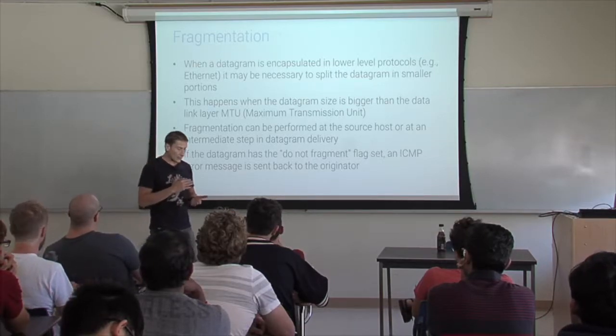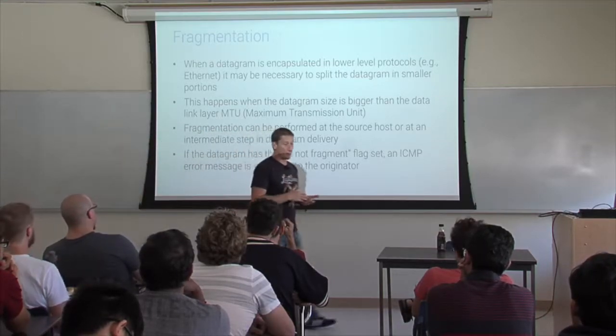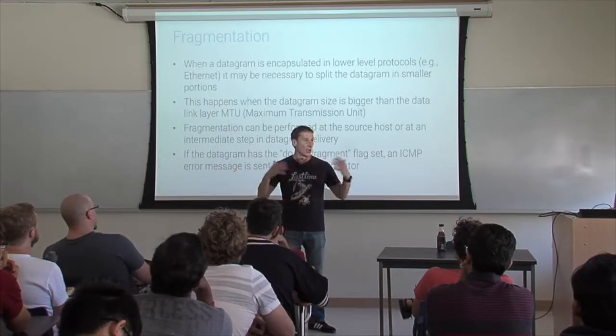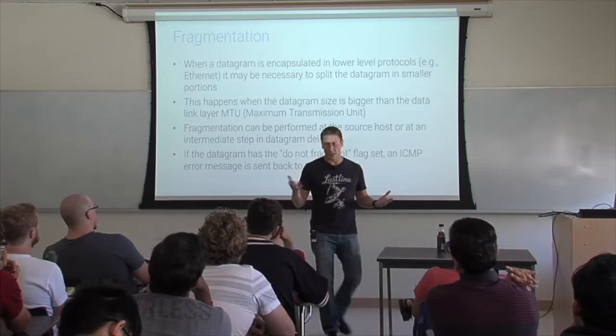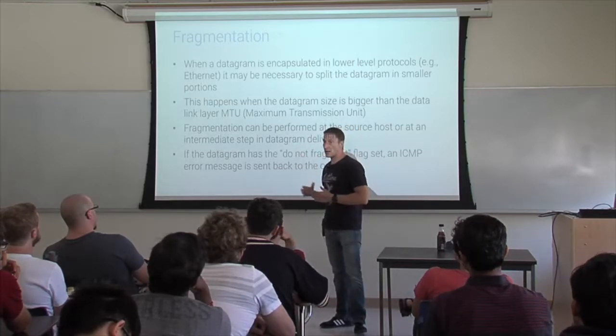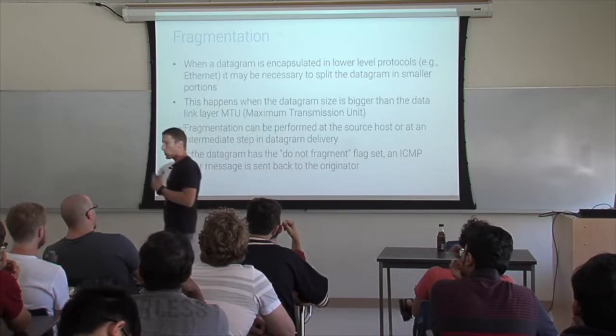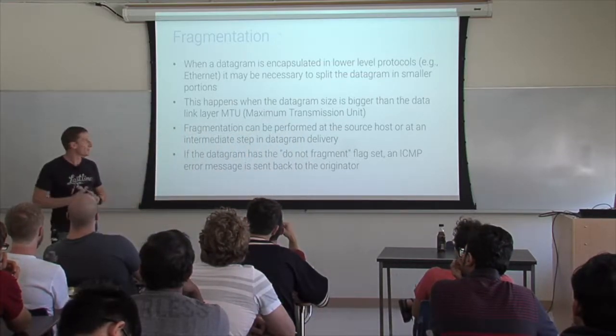This can also happen because you are on a point-to-point connection that has a weird MTU, and maybe because they want to be more resilient, they make packets smaller, and so you have to break down your IP packet.